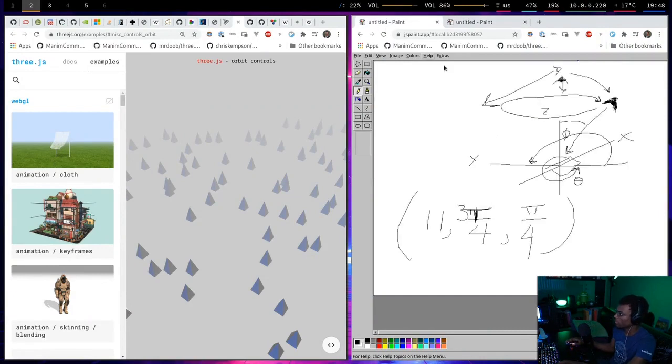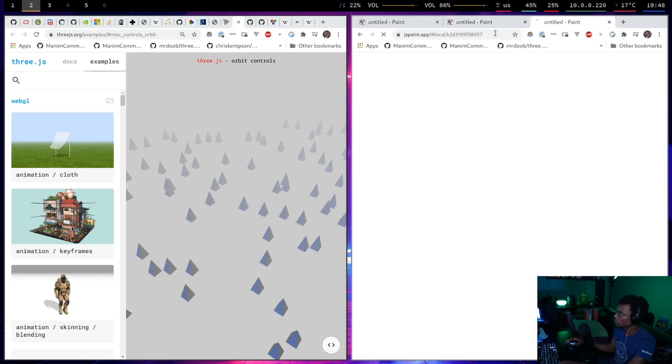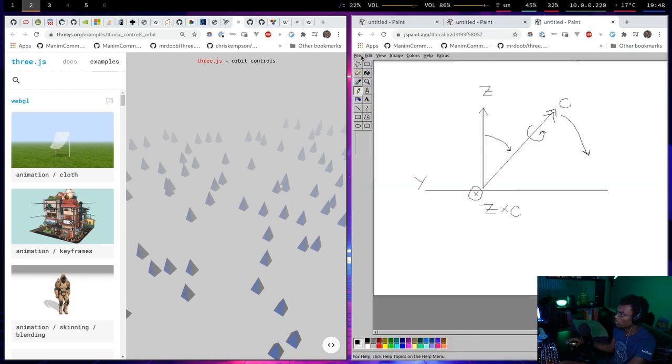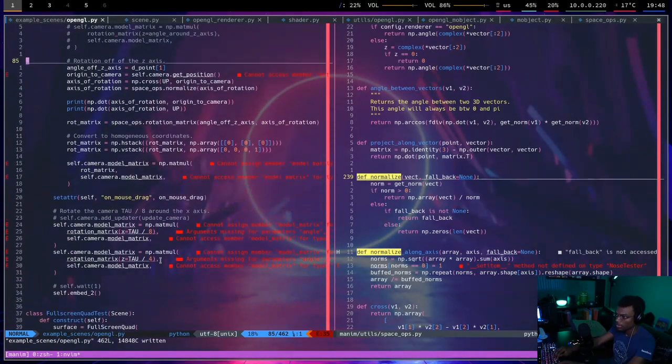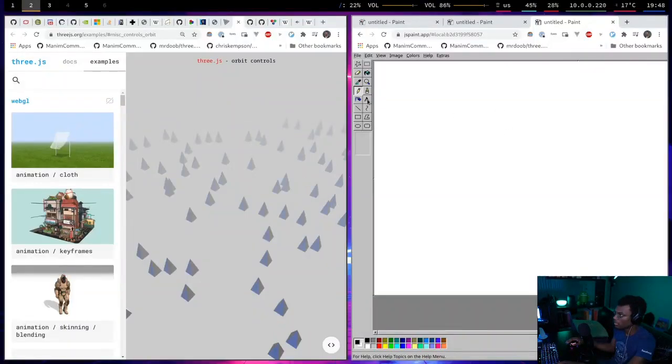Okay, so now the camera will be tau over 8 around the x-axis and then tau over 4 around the z-axis. So tau over 8, pretty much parallel to the x-axis, it'll be here.